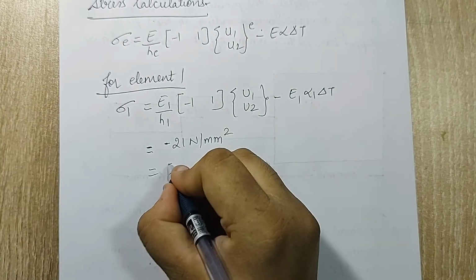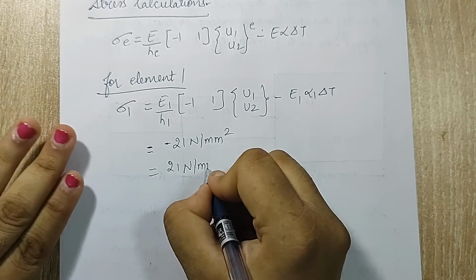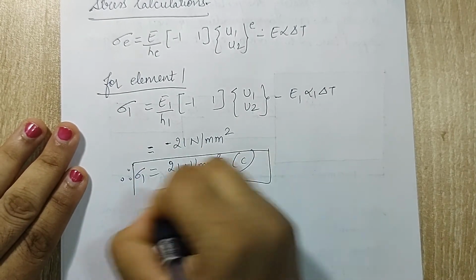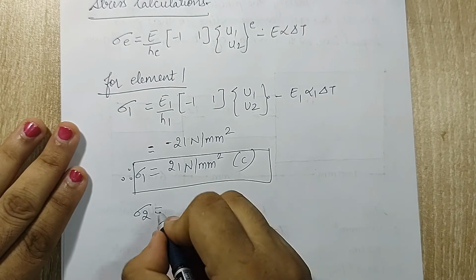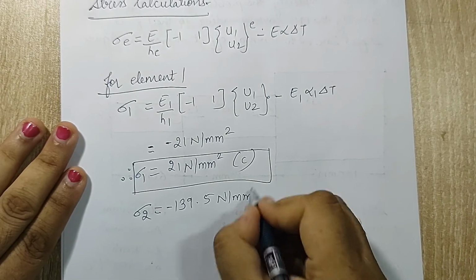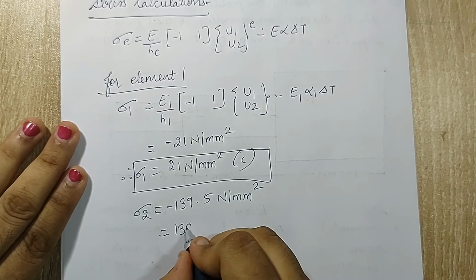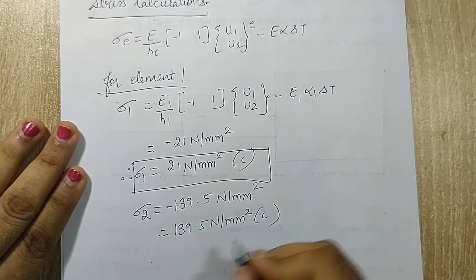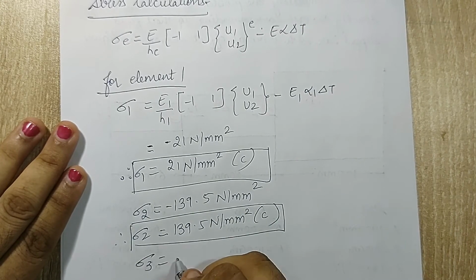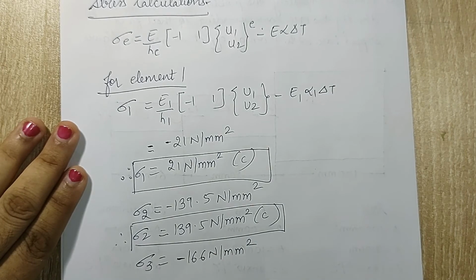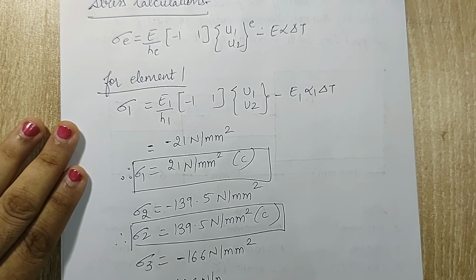When I justify this negative sign, it is 21 Newton per mm square compressive. Now for sigma 2, I'll directly write it is minus 139.5 Newton per mm square. Again, this is of compressive type. Sigma 3 is minus 166 Newton per mm square, which is 166 Newton per mm square compressive.